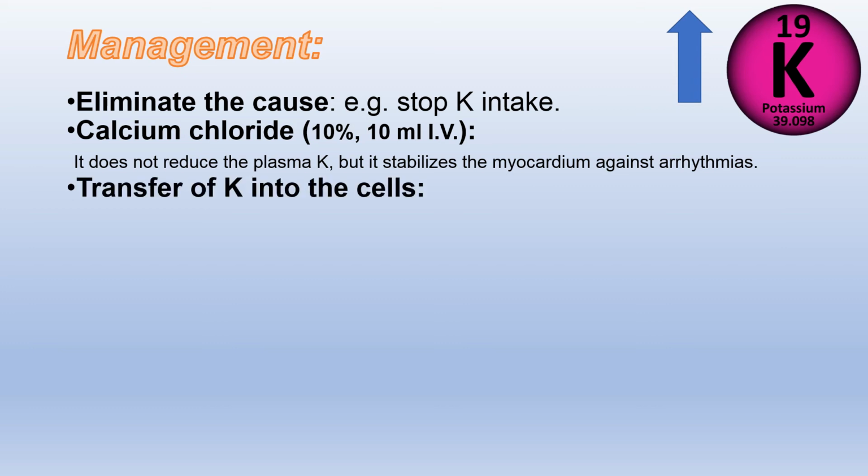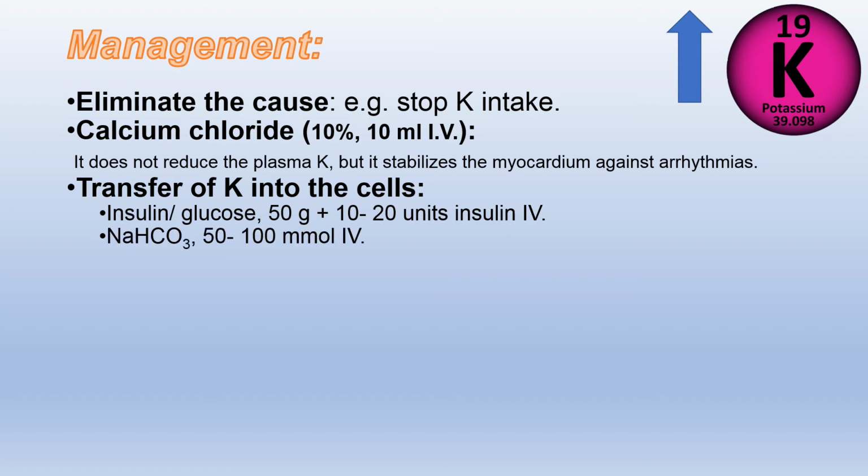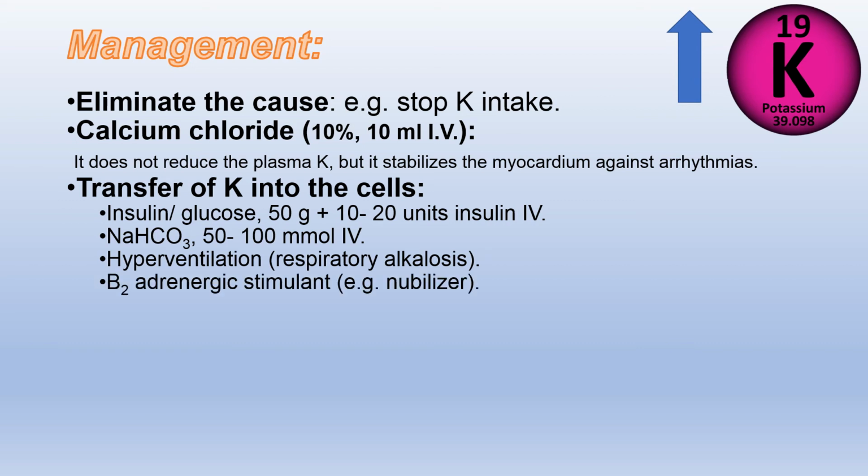Transfer of potassium into the cells by insulin and glucose, 50 gram plus 10 to 20 unit of insulin given IV. Sodium bicarbonate 50 to 100 millimole IV. Hyperventilation. Beta 2 adrenergic stimulant.